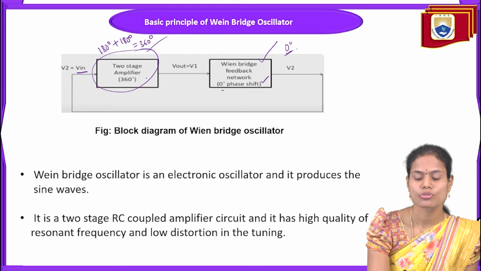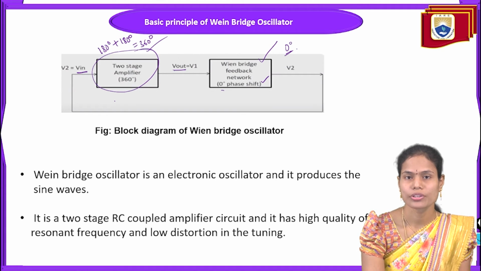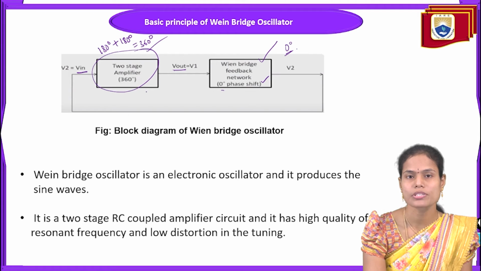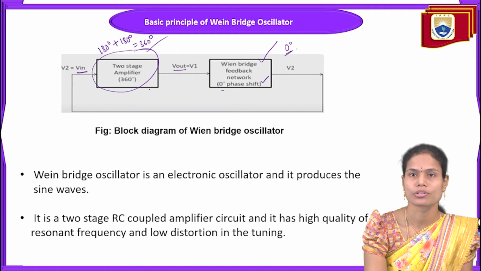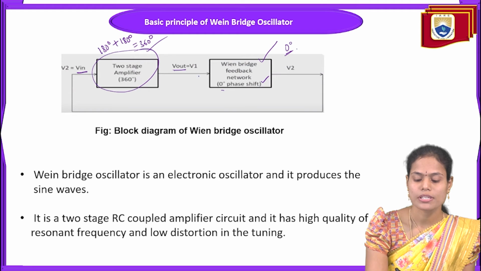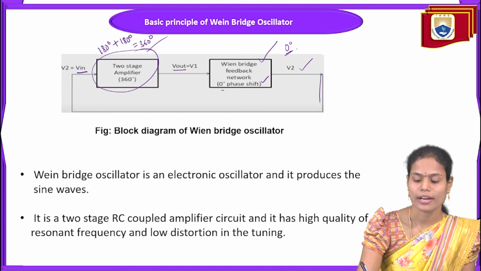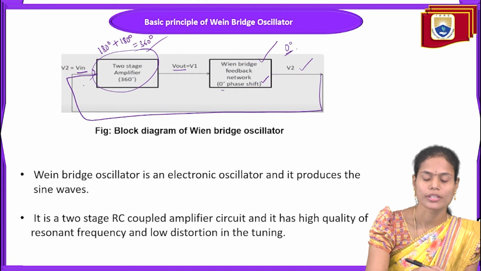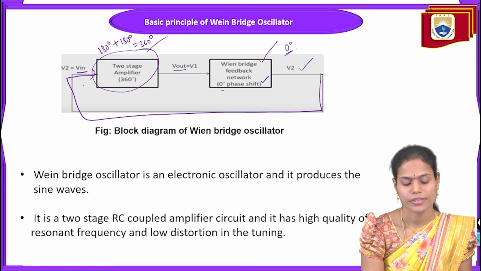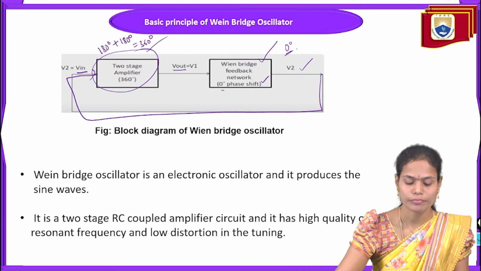The output of this two-stage amplifier is the amplified version of the input signal without any phase shift. 360 degrees is almost equivalent to 0 degrees only. So that same signal we are applying to the feedback network, and the output of the feedback network we are taking here as V2, and again we are giving it back to the input to generate the oscillations here.